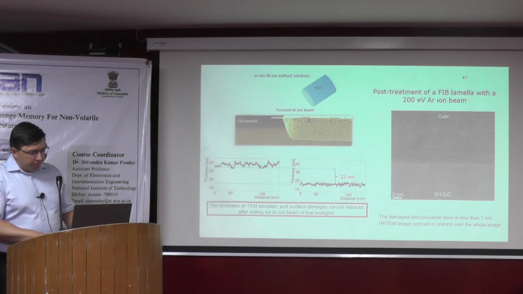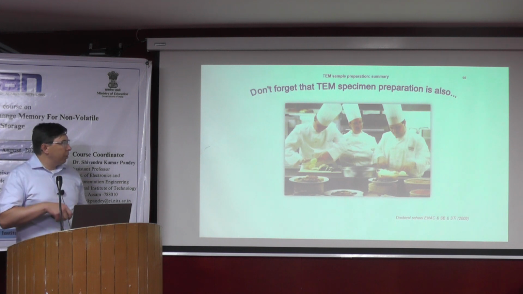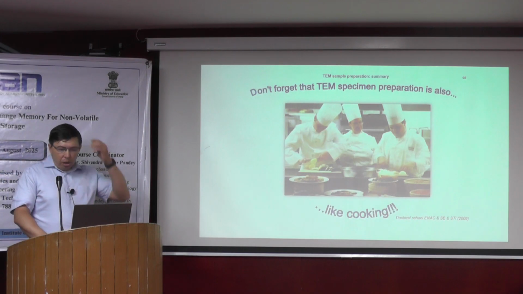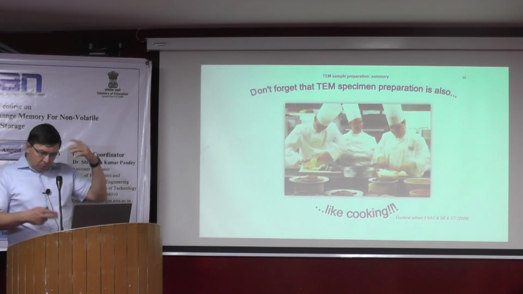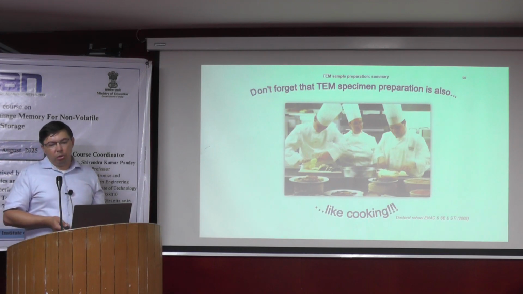And at the end, I would like to show this image of specimen preparation. This is also like cooking. So for your material, for your system, you will try to find the best preparation method.